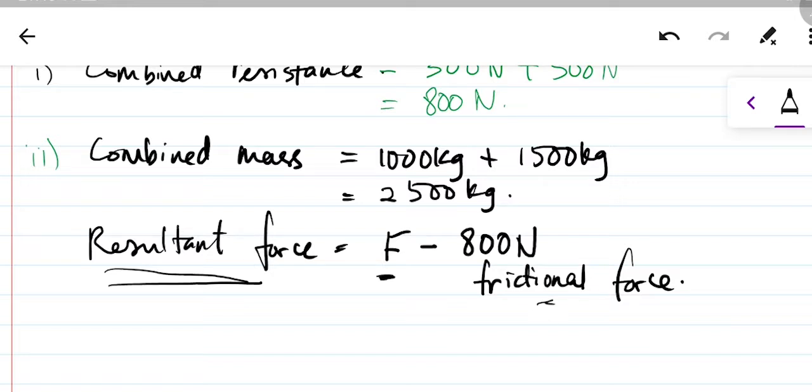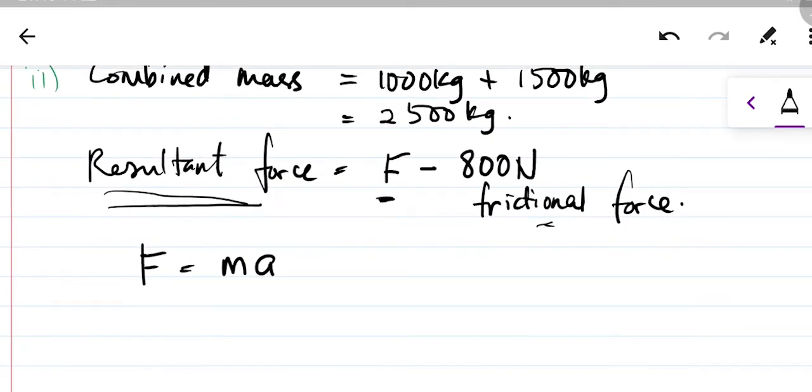Finally, we use the formula F equals ma. That is the final formula we need to use.